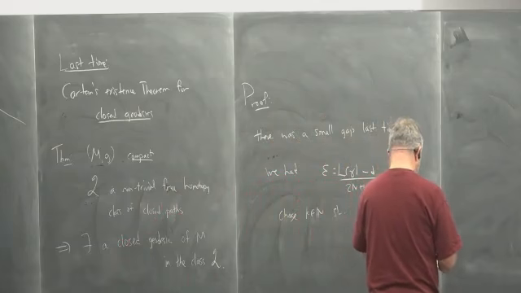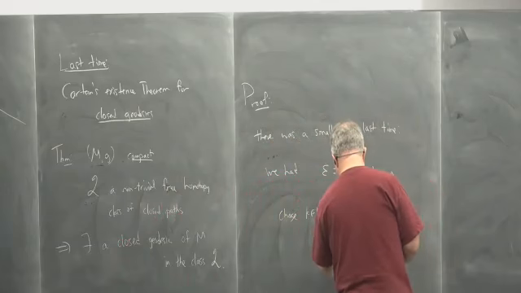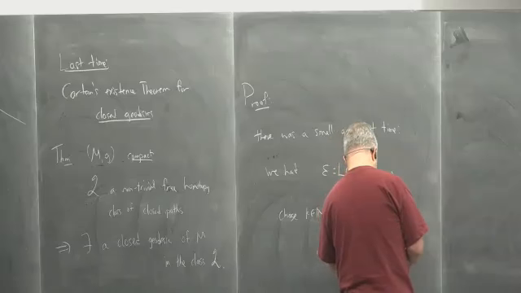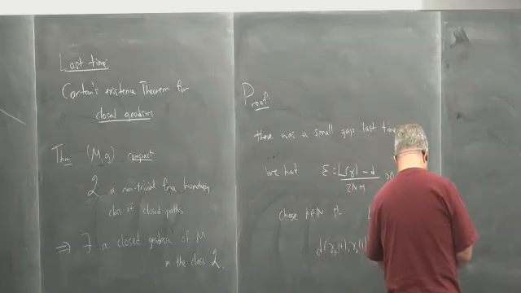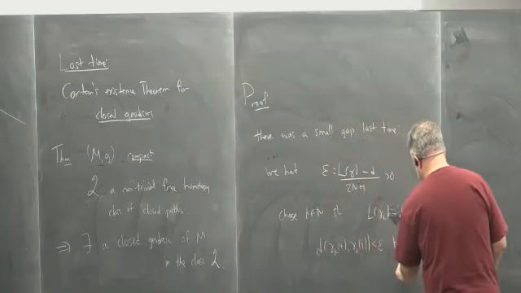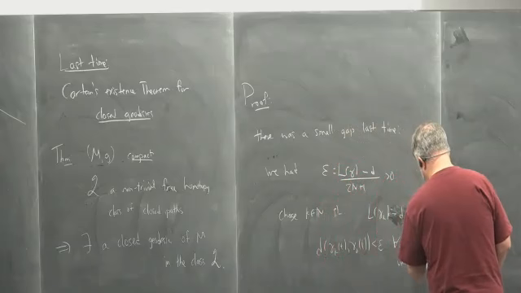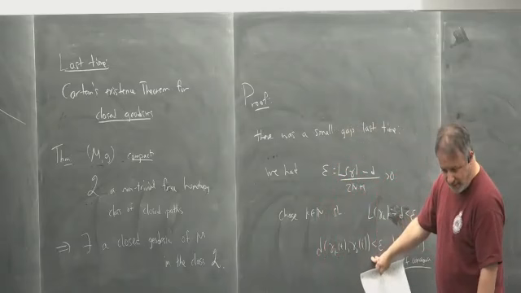Let me write it this way: L of gamma k minus d was less than epsilon, and the distance from gamma k of t to gamma naught of t was less than epsilon for all t in [0, 1]. This was the uniform convergence. And then when I finished the step of the proof, I never used this, right? So obviously there was a gap.